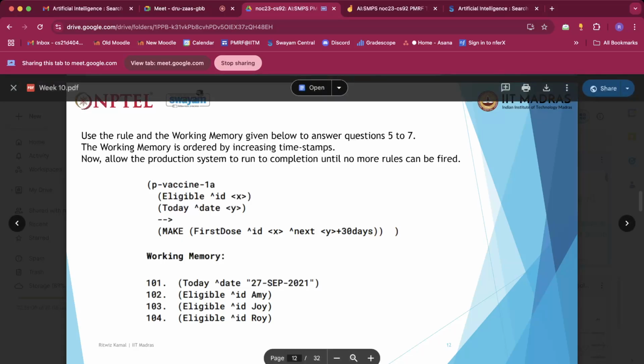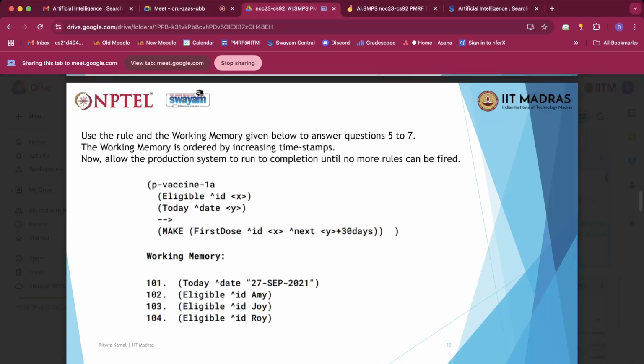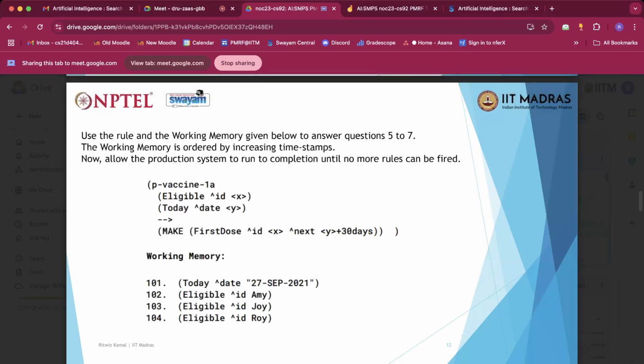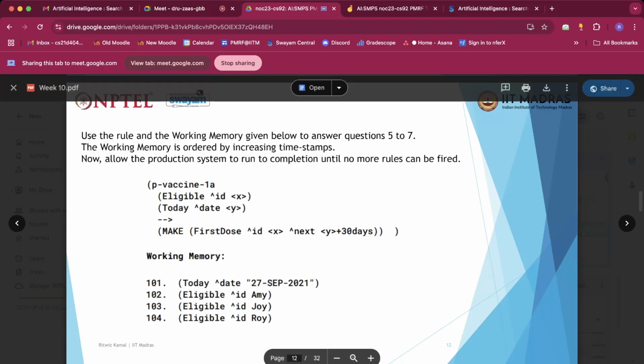So what this translates to in natural language is that a person with ID X has now received the first dose of, let's say, a vaccine, and the next dose for that person is now scheduled after Y plus 30 days. Okay, so if today's date is Y, and the person is eligible, the person will be receiving the first dose of vaccine, and his or her next dose will be scheduled after 30 days. So that is the information that this P vaccine 1A rule conveys.